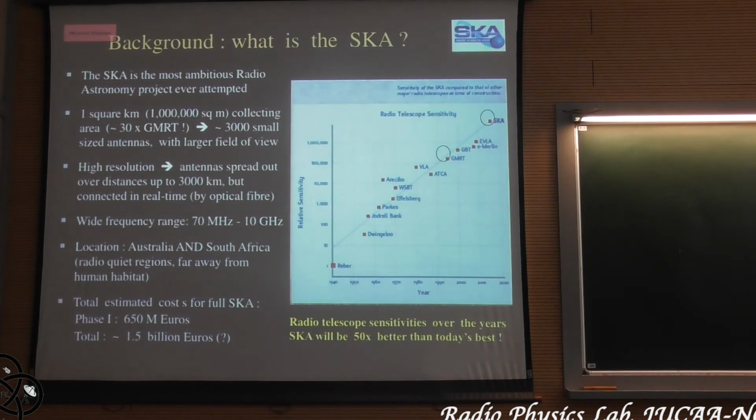You say, how do you achieve that? Obviously, you need more square meters of collecting area. GMRT's collecting area is of the order of 30,000 square meters, as we were discussing. This has 1 million square meters of collecting area, which is what the square kilometer stands for, which is 30 times that of GMRT. But you would say, okay, fine, that means 900 dishes, right?